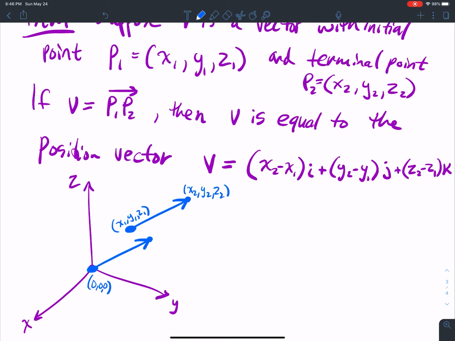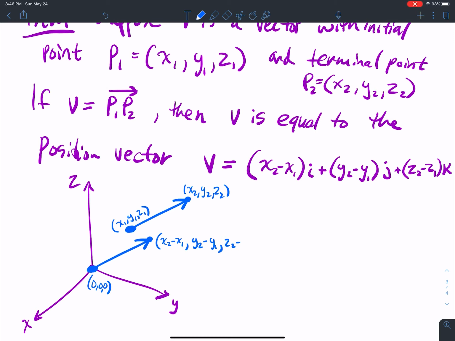I have to subtract off each of those pieces to make that all go away. So I do that for each initial and terminal point. And so that's where that x2 minus x1 comes into play for the first component. y2 minus y1 comes into play for the second component.